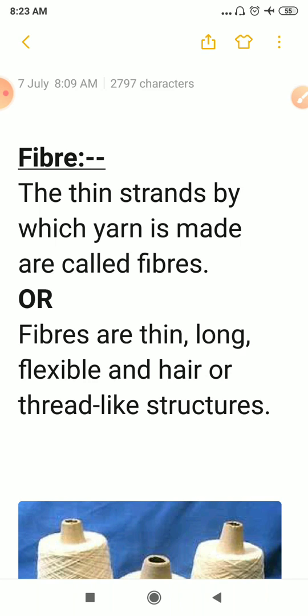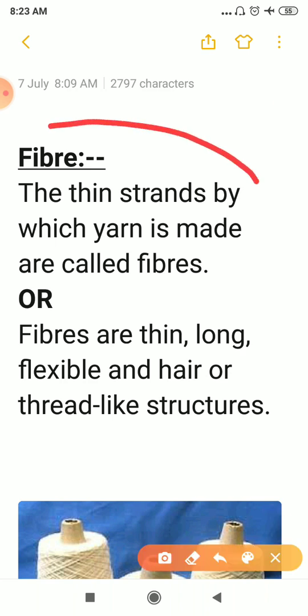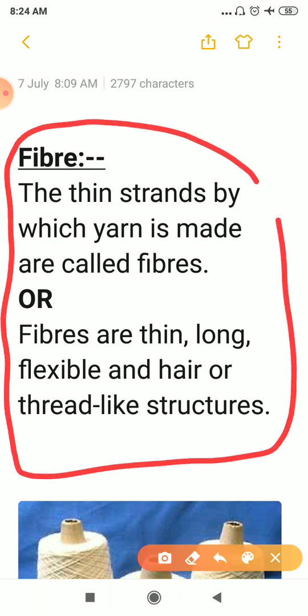What is fiber? I have already written it for you. The thin strands by which yarn is made are called fibers. Or fibers are thin, long, flexible hair or thread-like structures.